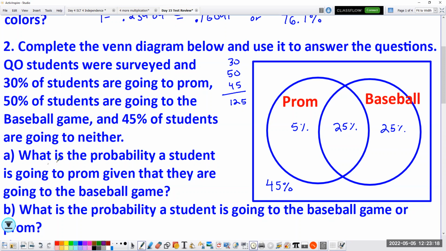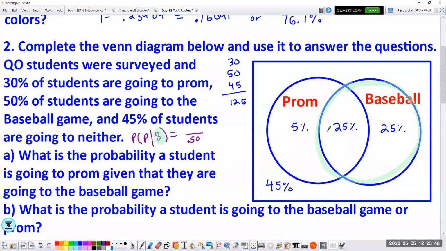Letter A says, what is the probability that a student is going to the prom given that they are going to the baseball game? So probability of prom given baseball. So what percentage of kids are going to the baseball game? As a reminder, when I'm looking at the baseball game, I'm only looking at this circle. I'm only looking at these 50%.